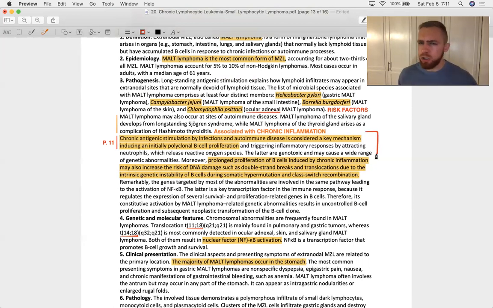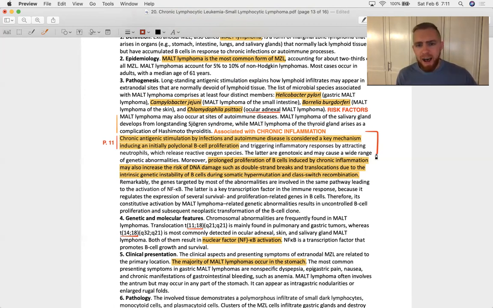So because the marginal zone is really where you show antigens, the germinal center too, but this text is saying you also do it in the marginal zone. So because that's going on there, you're more likely to get a cancer there, and this is the cancer you get there. So it's associated with chronic inflammation.